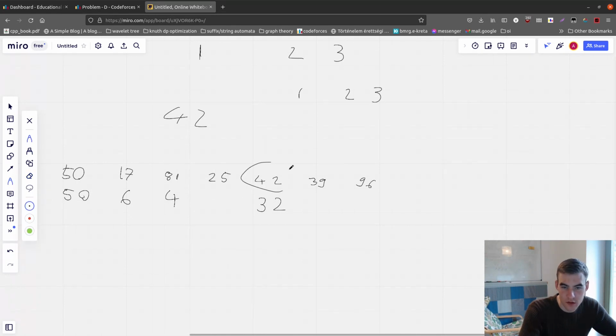For this position, I know it's 4 times 3 plus 32, which is 44. Here I know it's 2 times 32, 3 times 32. Here this is going to be the biggest one because it's 3 times 50 plus 2 times 6 plus 4. It's 166.